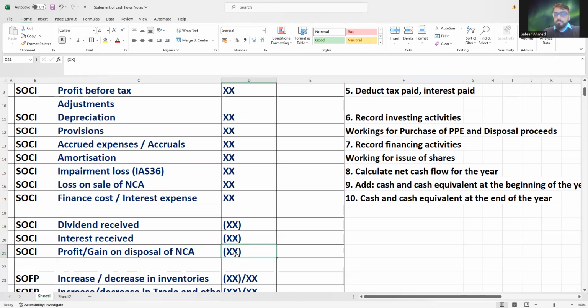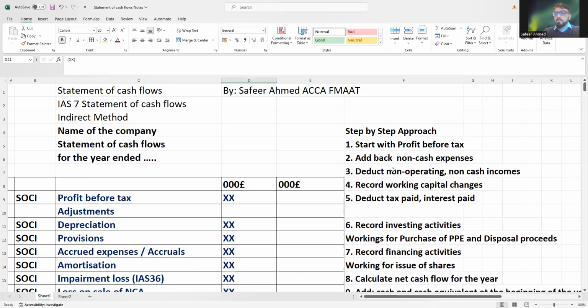We receive the actual sale proceeds in relation to sale of an asset, and we will be recording that under investing activities as cash inflow. But here, we need to deduct it because this is not the actual profit or actual gain. Okay, so that's our third step here, deduct non-operating non-cash incomes.